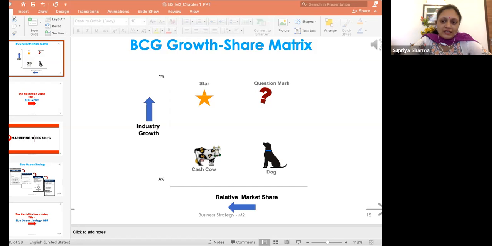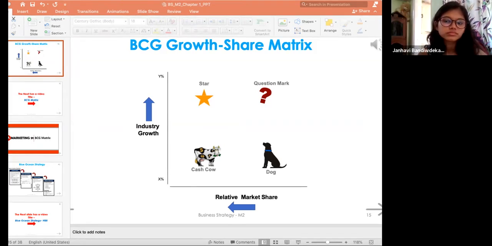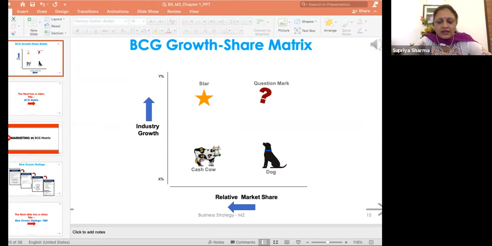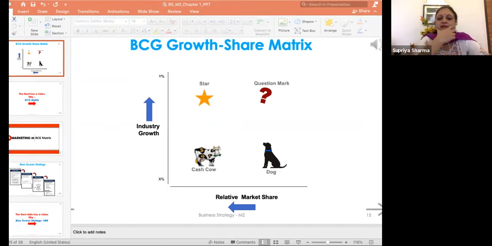So let's look at stars now first. Stars in any company's portfolio, in any business units, represent large market share in a fast growing industry. Now you tell me, if a company is having a large market share in a fast growing industry, what will be the status of that particular product in terms of profitability and revenue generation?